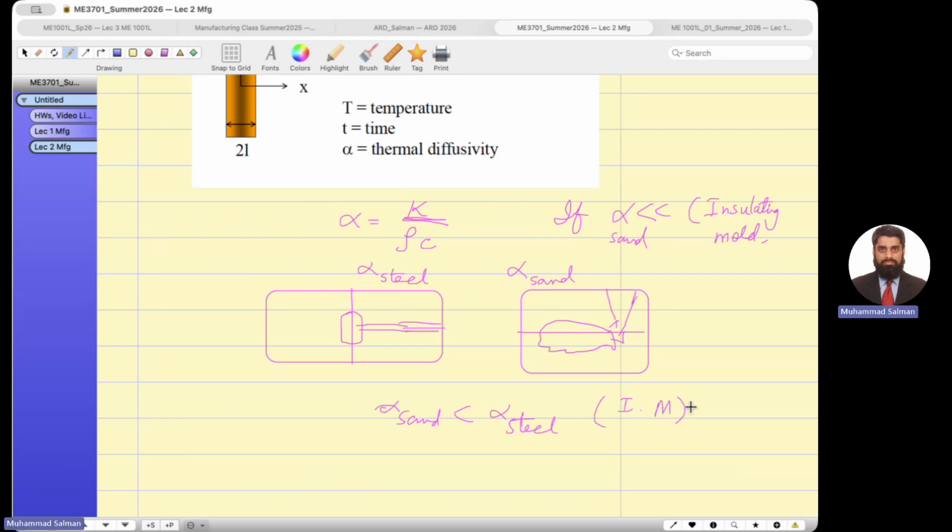So these are important criteria to check before you start finding the solidification times. Because the time for die casting is different. The mathematical formula for finding the time of the sand mold is different from the formula for die casting, so you have to find out through alpha. Okay, and I'm going to show you thermal diffusivity over here. Please write down this formula in your formula sheet.